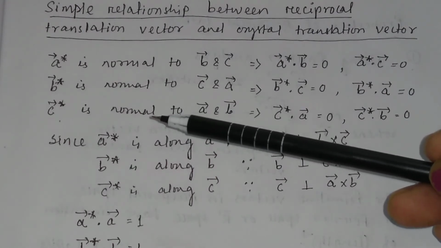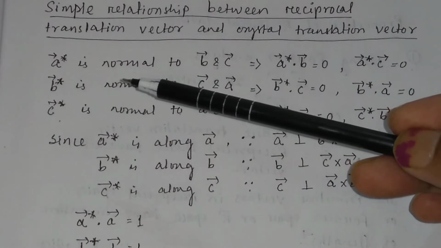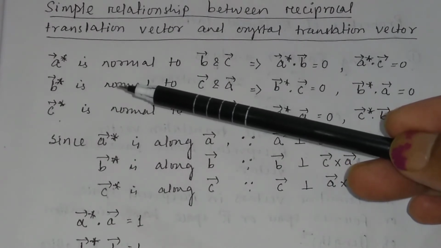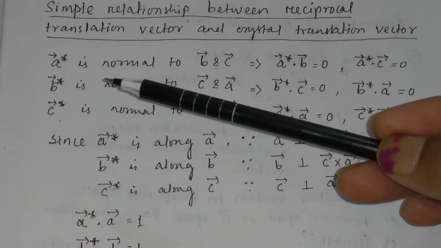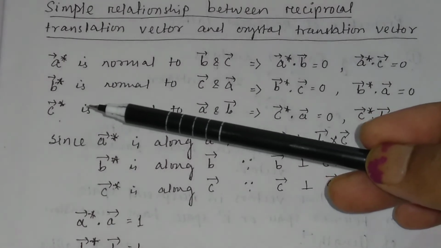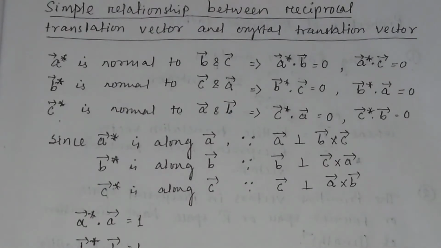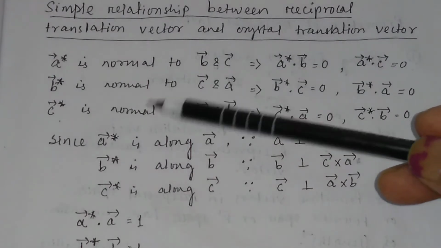So the capital G vector you may write as H into A star plus K into B star plus L into C star, where H, K, L are constants and A star, B star and C star are the lattice parameters in the reciprocal lattice.